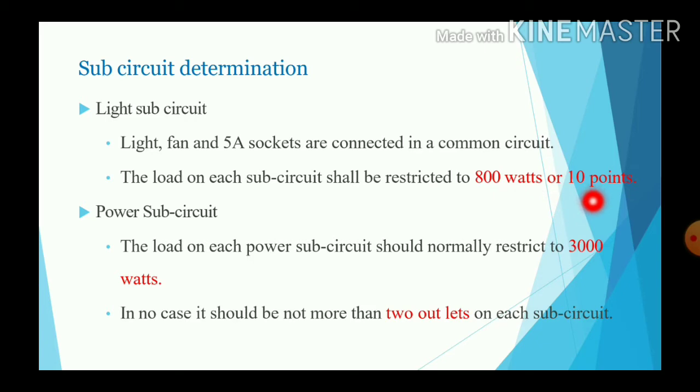And if a separate circuit is installed for fans only, the number of fans in that circuit should not exceed 10. And it is advisable to provide at least 2 lighting sub-circuits in each house so that in case of a fault in one sub-circuit, the whole house is not plunged into darkness.